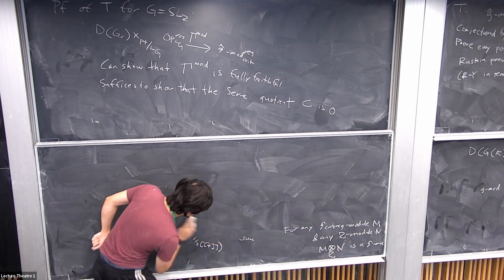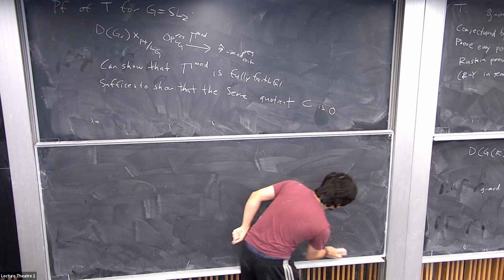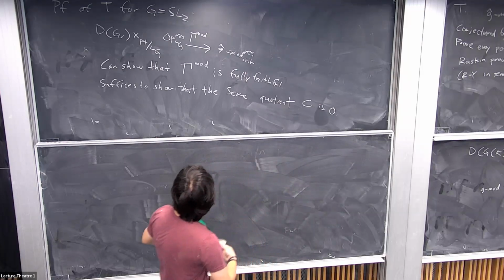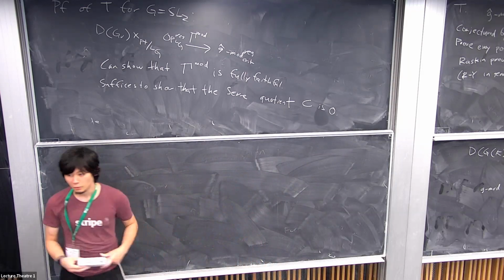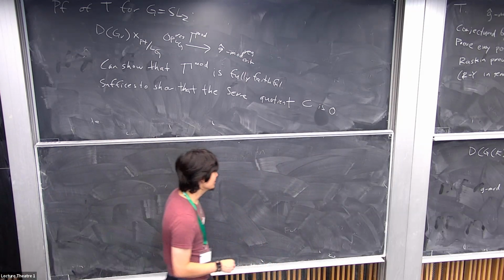So here's where some inspiration from the representation theory of p-adic groups kicks in. As I mentioned earlier, these definitions of G(K) representations on categories and so on are motivated by similar considerations in p-adic group representation theory.